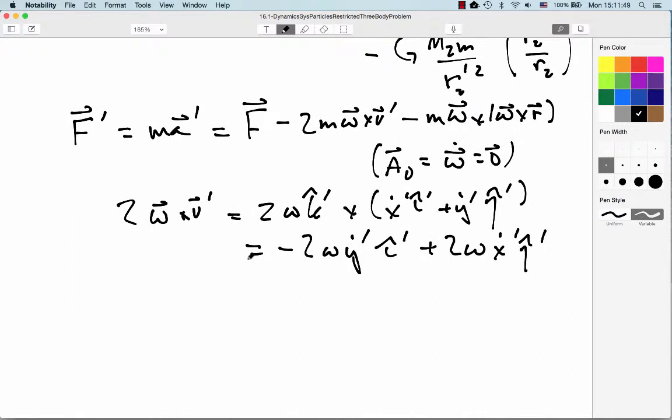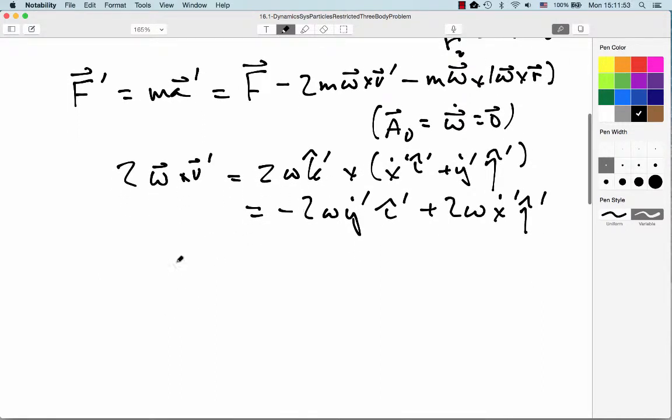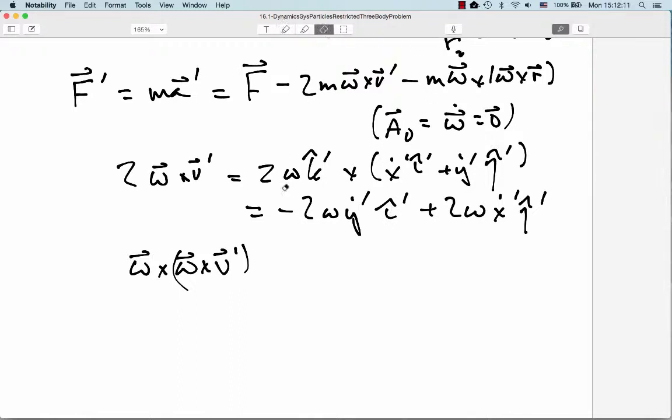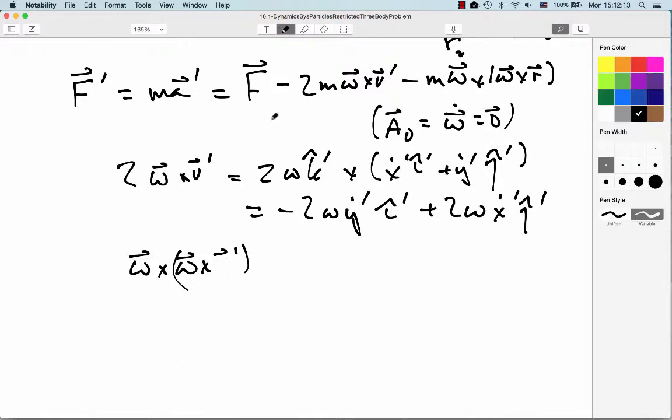And then the centrifugal acceleration, remember, is going to just be omega cross omega cross r prime.